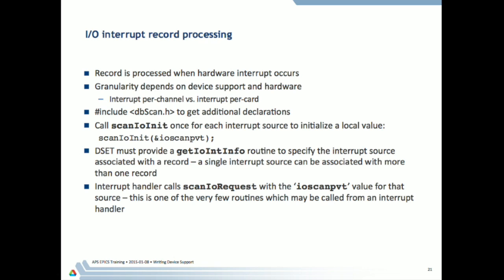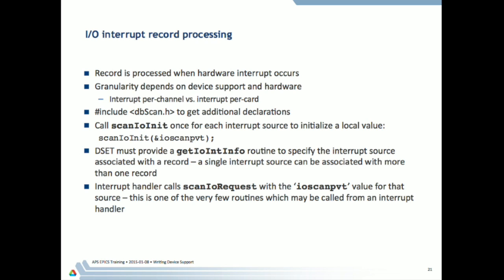In the next release of Base 3.15, there are some slight modifications to this API. The scanIoRequest routine returns some information about the number of priorities of interrupts that are being queued, and within your device support routine, you can then see whether you've read all the records that have been processed as a result of this scanIoRequest.